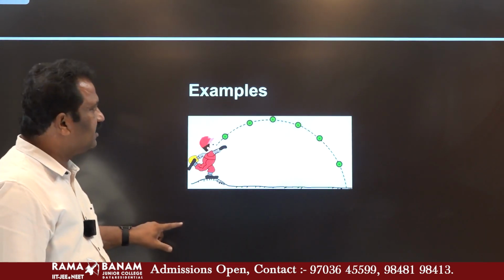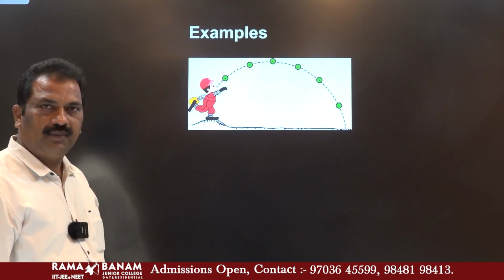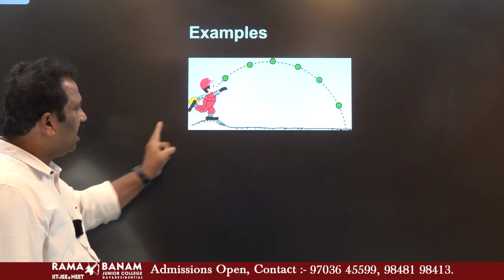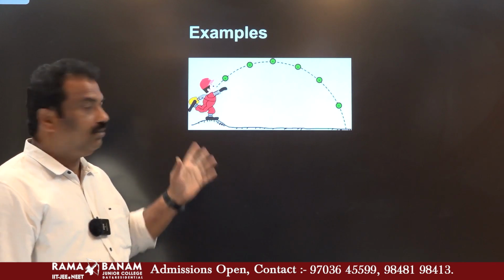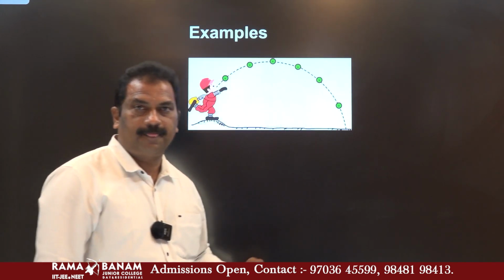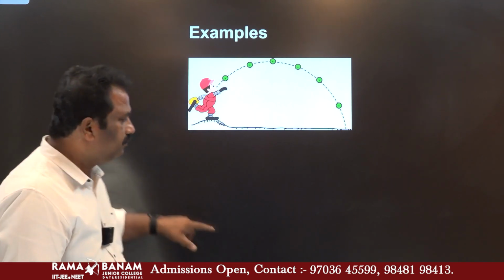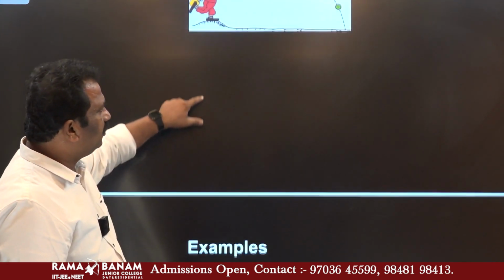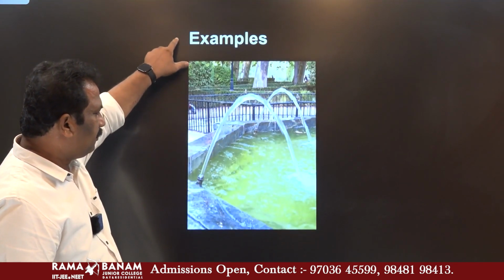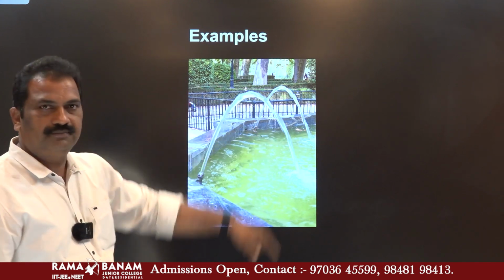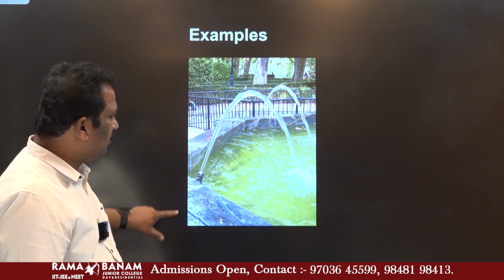It is also an example of projectile. Here the horizontal velocity remains constant along its path and the vertical velocity varies, so along the horizontal direction, acceleration becomes 0. So these are the examples of projectile motion. Next, another example: a water jet flowing through a pipe making an angle theta is also an example of projectile motion.